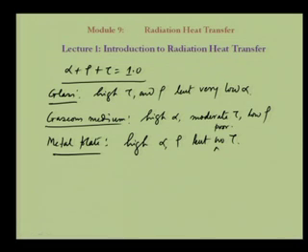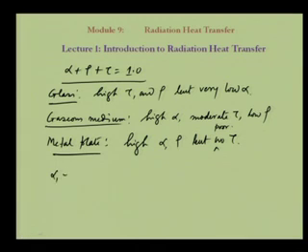So, depending upon the composition of the material, that means the nature of the material, the material of constitution of the body and the surface characteristics, all these properties depend.